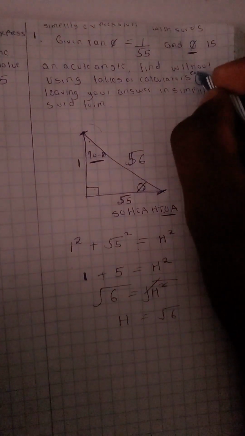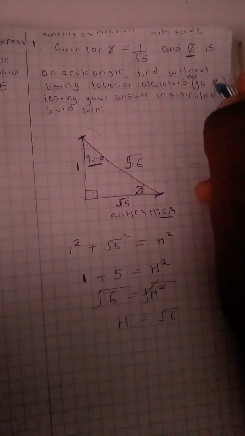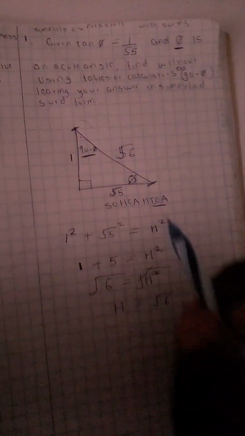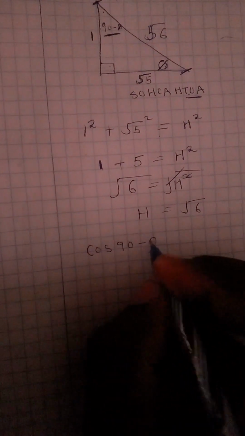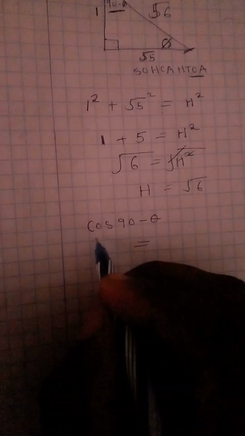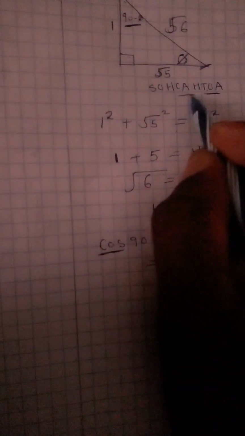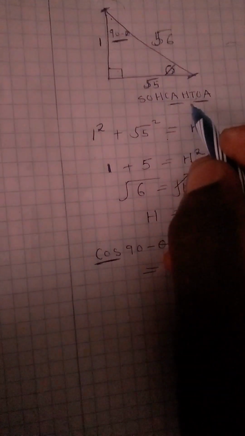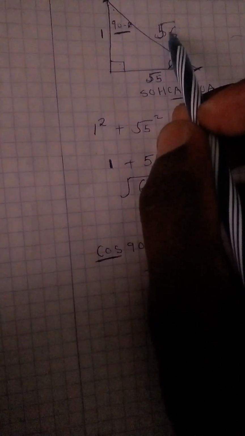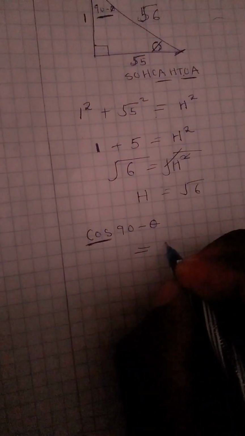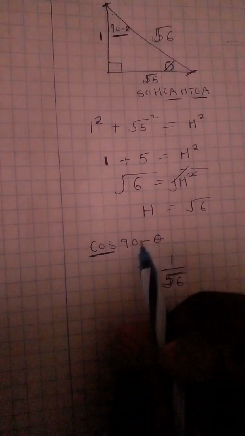Now cos 90 minus theta would be the adjacent all over the hypotenuse. So it will be 1 all over root of 6. So that is cos 90 minus theta.